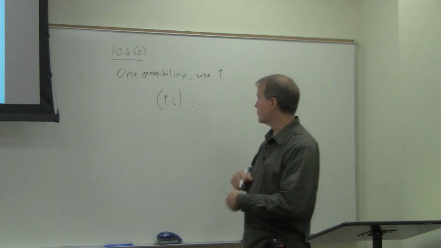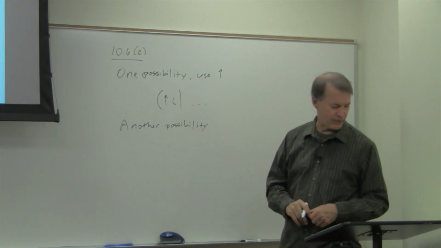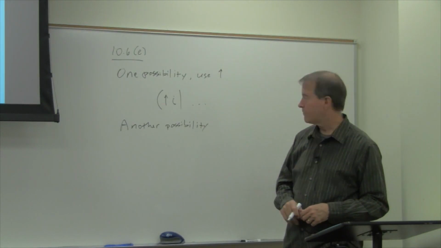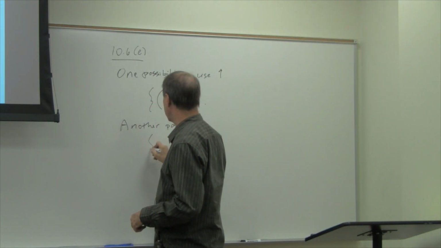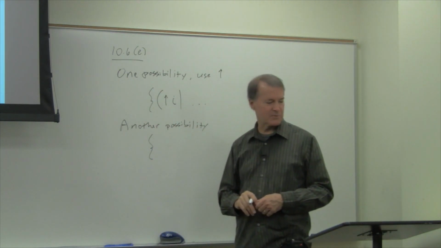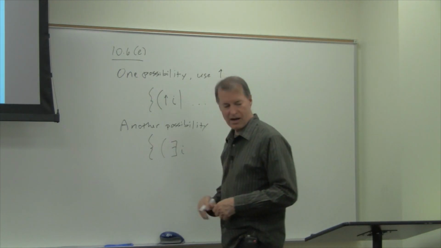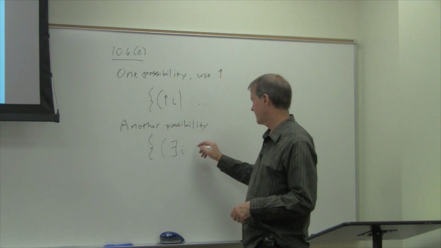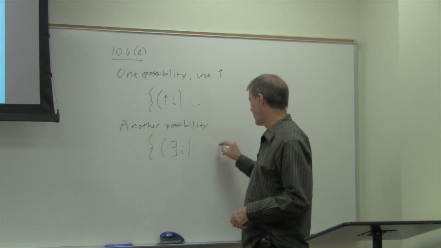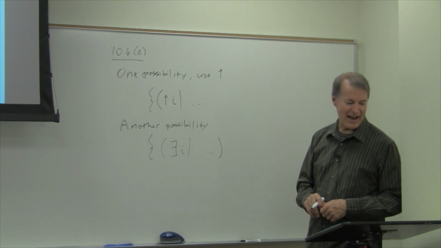Okay, so here's another possibility for a hint. This is all the post condition, right? Another possibility would be to say there exists an i, blah, blah, blah, which I'll let you figure out.